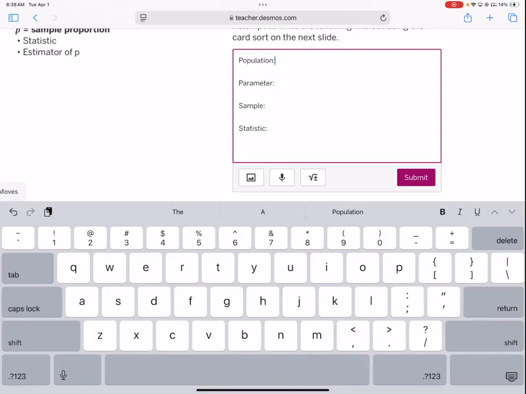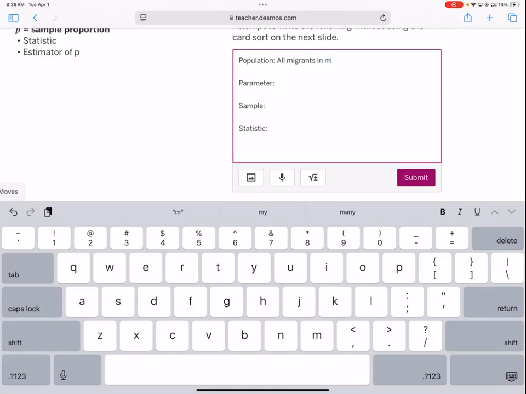All migrants in Madrid who are 15 plus. All migrants in Madrid who are 15 and older. That's who the population is.